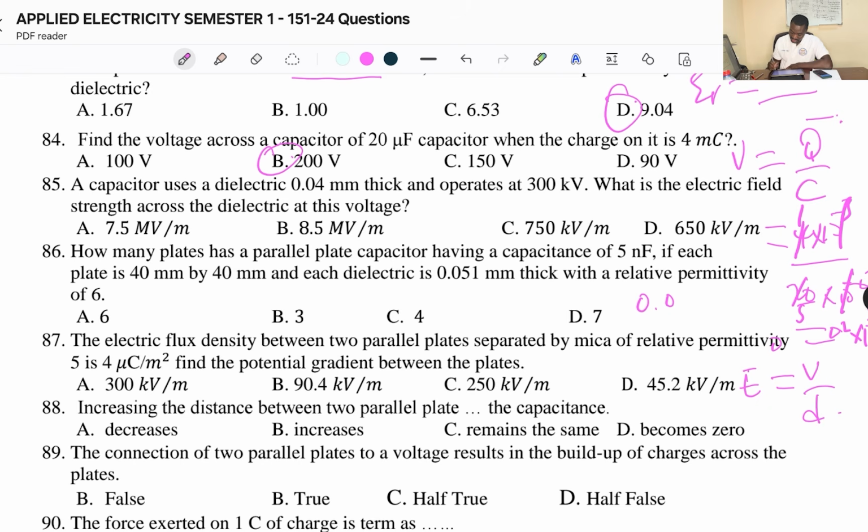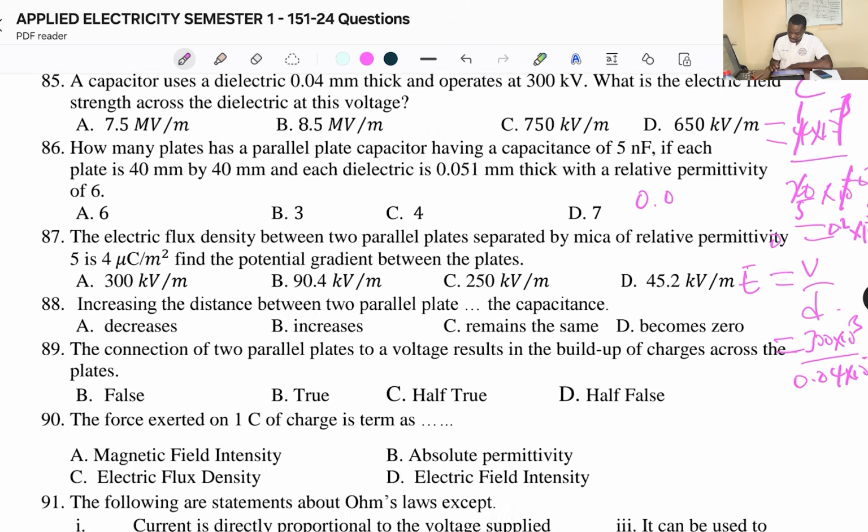Voltage over distance, right? So here the field across the dielectric will be equal to 300 times 10 to the power 3 all over 0.04 millimeters, so 0.04 times 10 to the power minus 3.